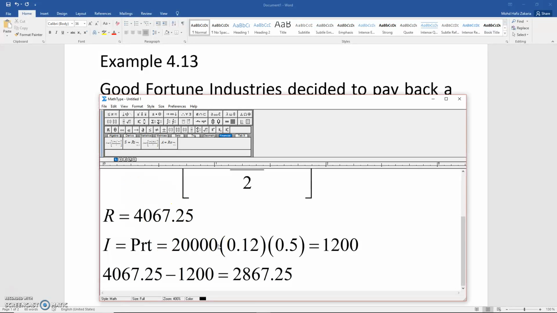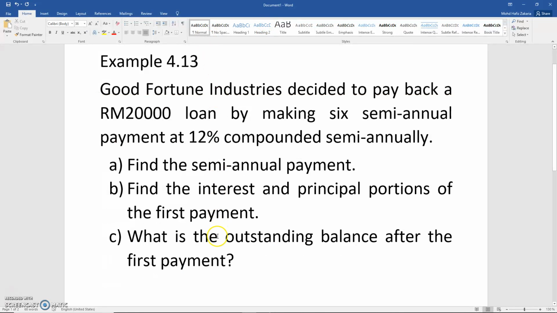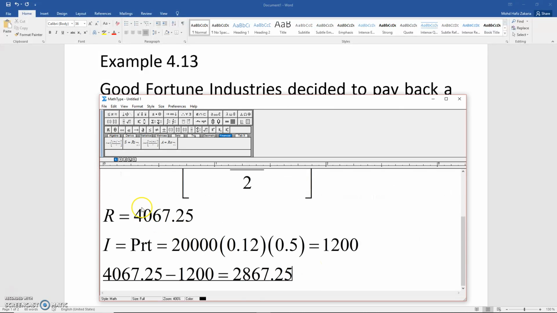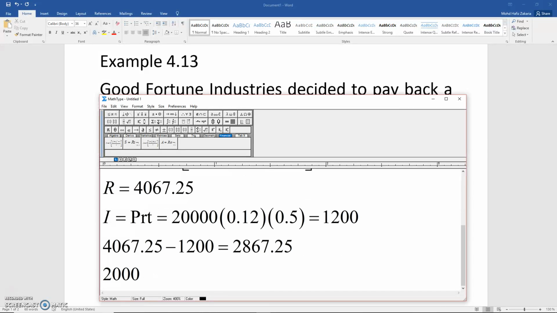So when the next question comes in, which is what is the outstanding amount that needs to be paid, you cannot subtract 4,000 because that amount includes the interest. So to find the outstanding amount, 20,000 minus the principal value of 2,867.25 leaves you with 17,132 ringgit 75 cents.